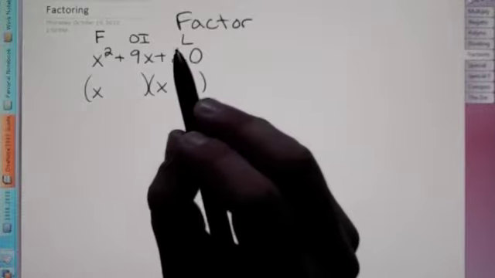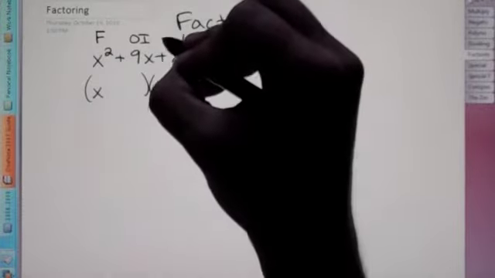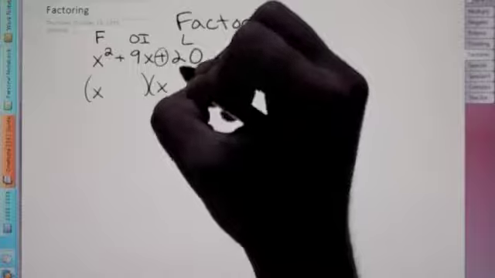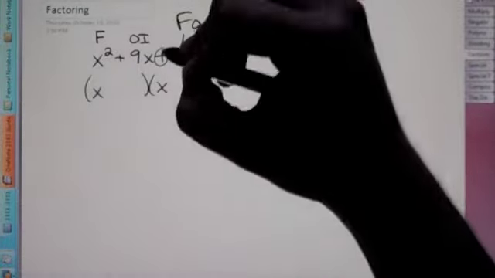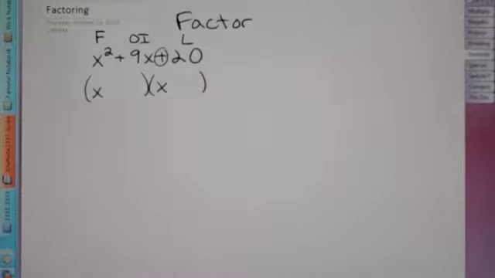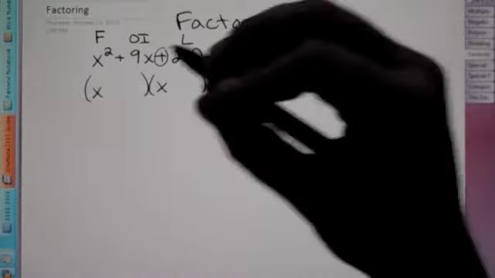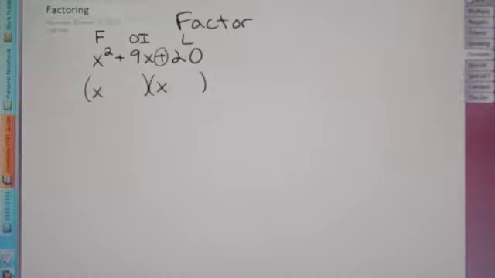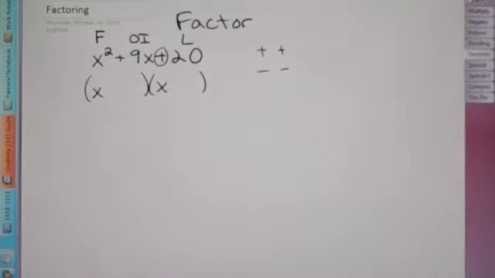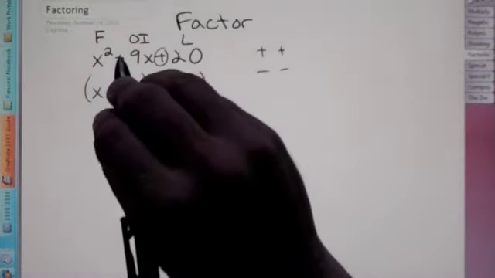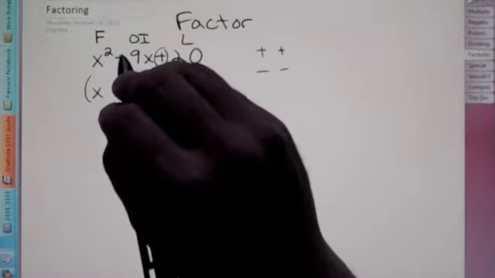Now, the second thing you want to always look at is the symbol right here. If this last term is ever a plus, that means in these two parentheses you're going to have the same symbol, either plus plus or minus minus. The way you figure out which one is you look to this first symbol, which is a plus.